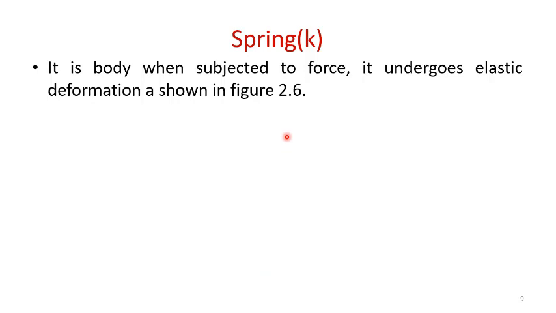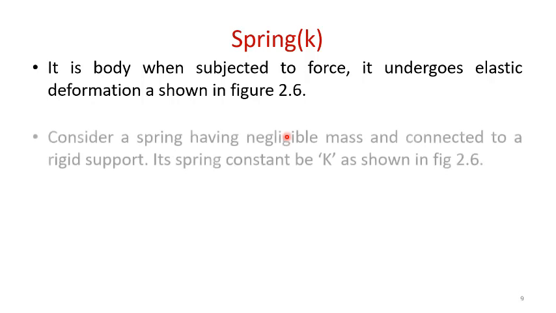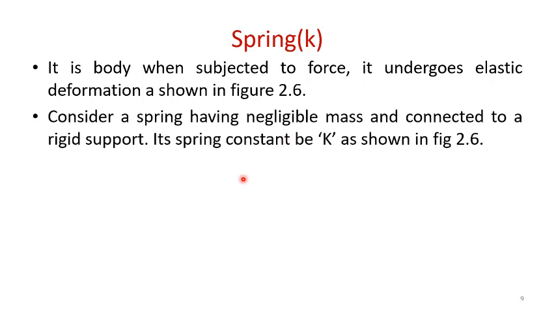So a spring stores potential energy and gives back the energy whenever required. Here we are considering a spring having negligible mass and connected to a rigid support. Its spring constant is given by K.